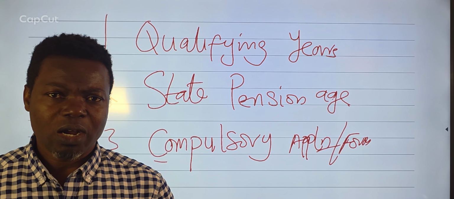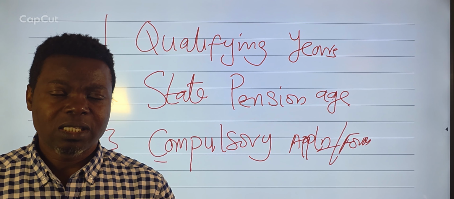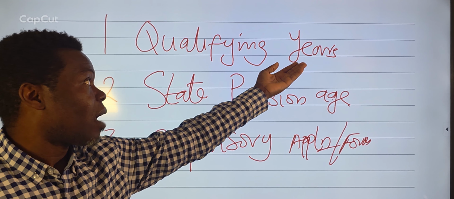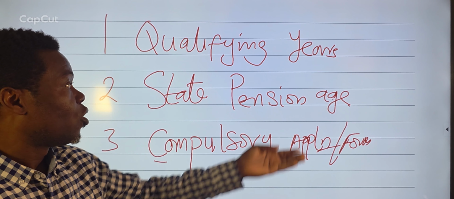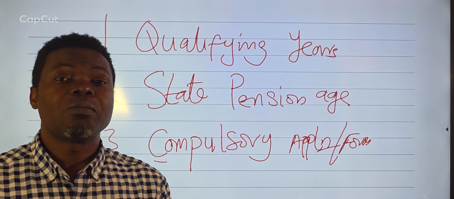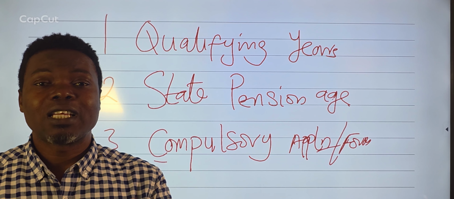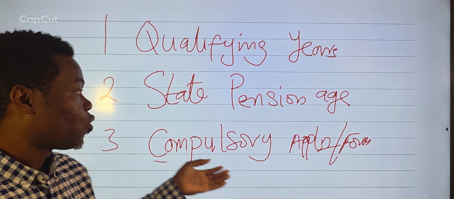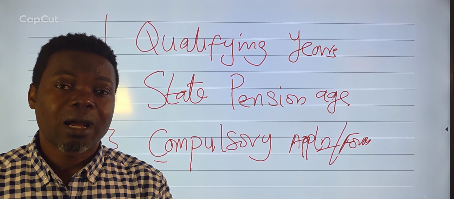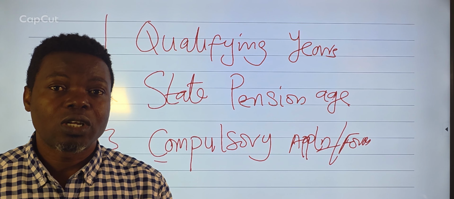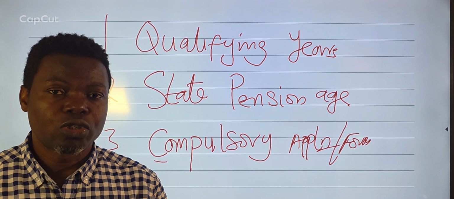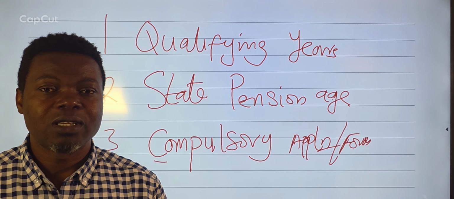That is when you are going to be receiving payment. It is never going to be automatic that you have met the requirement for the number 1 condition, you have met the requirement for the number 2 condition, and automatically you will now start receiving payment. No, it is not going to be so. You have to compulsorily fill an application form so that the UK government will be aware that you have met those 2 conditions. That is when you will start receiving payments.